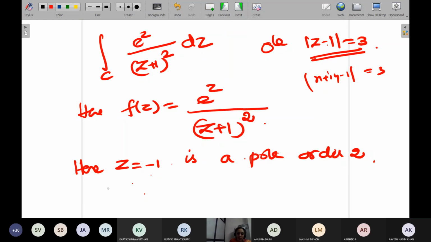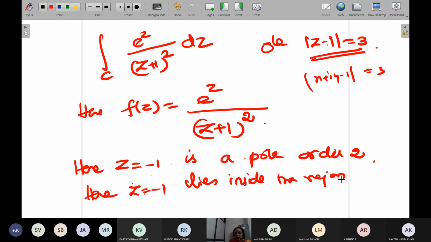So surely -1 will lie inside. You should write down immediately there itself: here z is equals to -1 lies inside the region mod z minus 1 equal to 3.